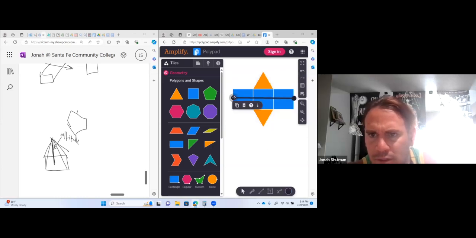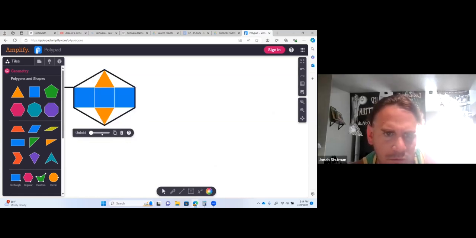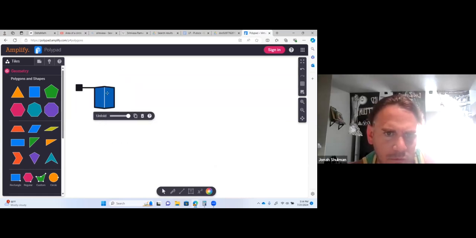Thought I had the ability to cut here. Well, this should at least help you visualize it, even though it doesn't want to let me cut it.